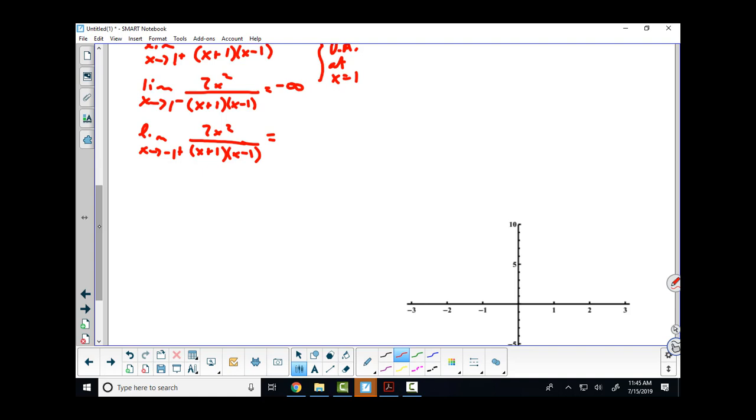So this expression right here is going to be very, very small but positive. That comes out to be positive infinity. Then if we look at the limit as x approaches negative 1 from the left of f of x, that comes out to be negative infinity. These two facts tell us that we have a vertical asymptote at x equals negative 1. All right, folks.